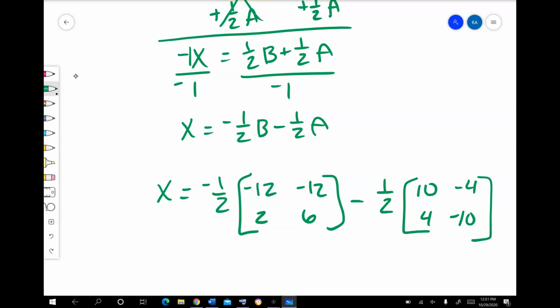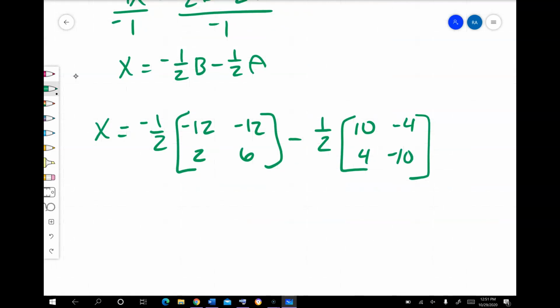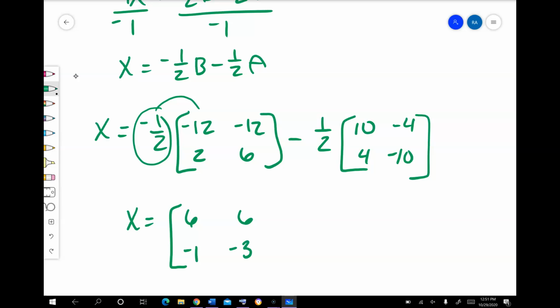All right, so now we're going to do what we did yesterday. Distribute your scalar and then combine. So I'm going to distribute the negative 1/2. All that's going to do is cut the stuff in half and then change the sign. So x still equals 6, then negative 1, then 6, then negative 3. Same thing here, distribute that. That's going to be plus negative 5, negative 2.